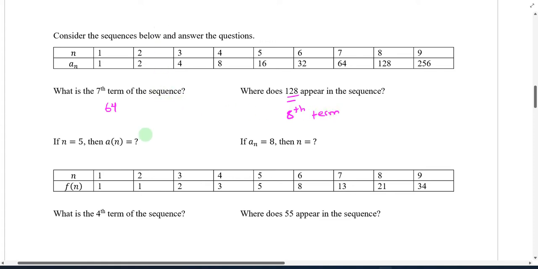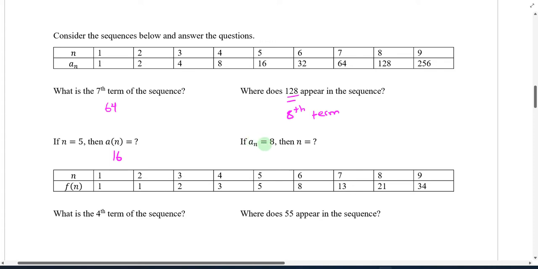Now rather than asking these same questions in English, we want to ask them with mathematical notation. It says if n equals 5, then what is a sub n? So we go to n is 5, a sub n is 16. It's like saying, what is the fifth term of the sequence? It's 16. Now this one says if a sub n equals 8.